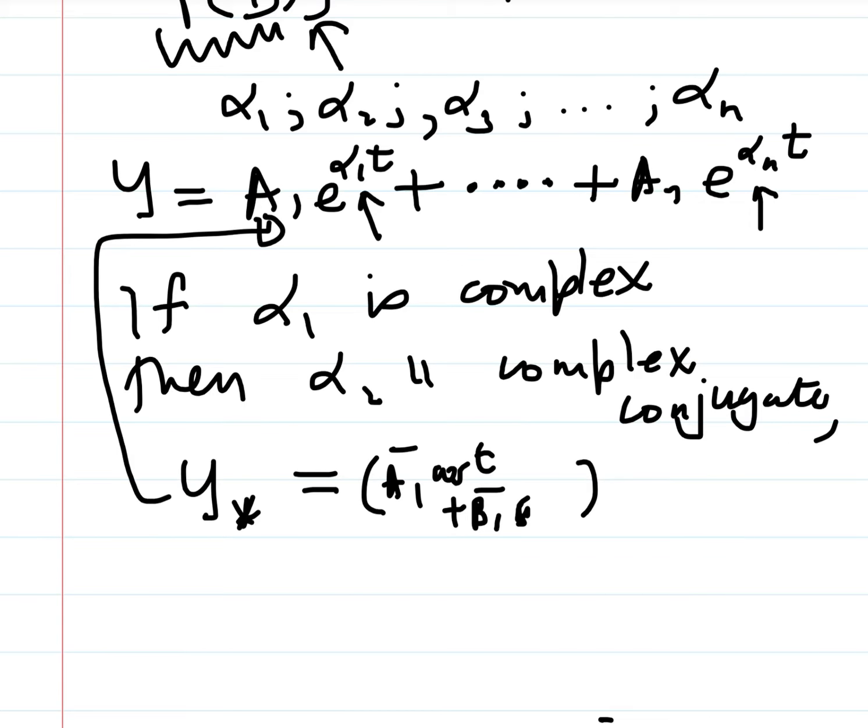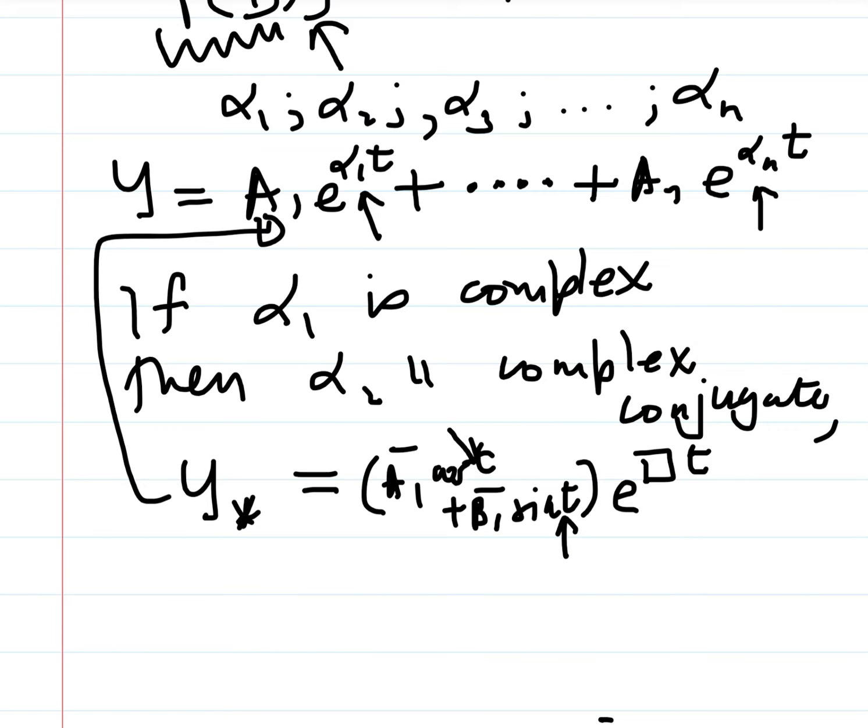bar cos t plus b1 bar sine t. Let me write that nicely. And it was multiplied by some exponential, an exponential of the type e to the something t. Incidentally, this coefficient of t there did not have to be 1.